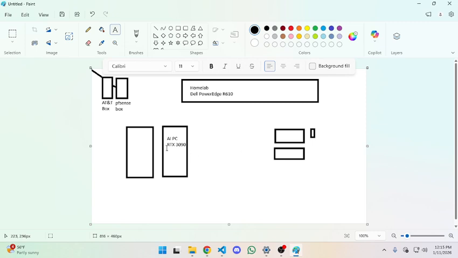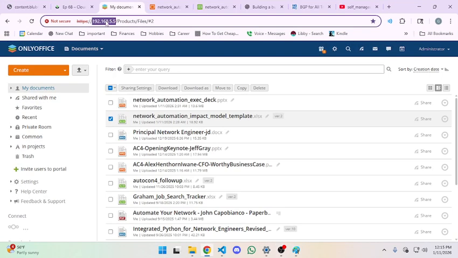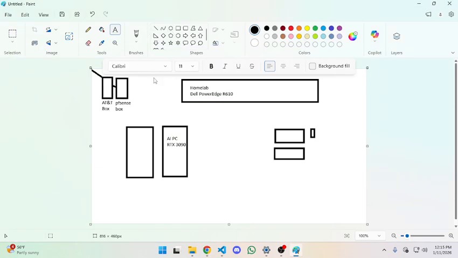Then I have a kind of interesting one here. We'll call it a home server. This is the .5 here. This is on my home server, and I'm accessing it remotely. So let's call it home server. Then I have my phone, and then I have my ThinkPad X280.